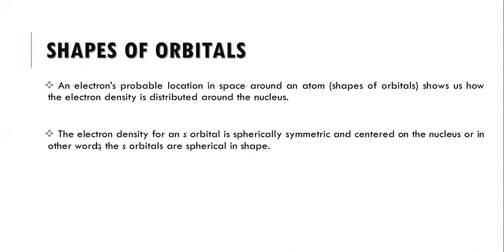The electron density for an s orbital is spherically symmetric and concentrated at the nucleus, or in other words, s orbitals are spherical in shape. This is what you have to know. Can you see the 1s, 2s, 3s?